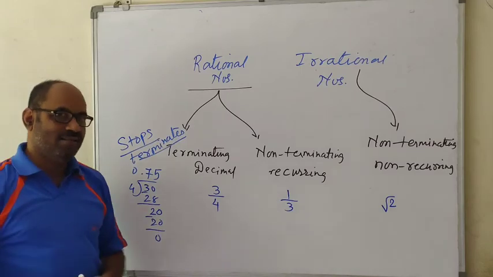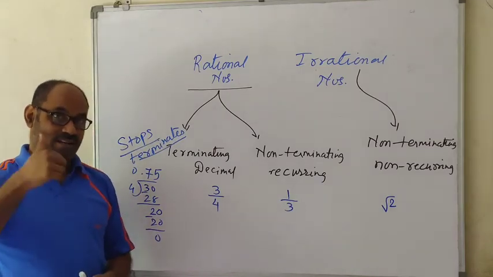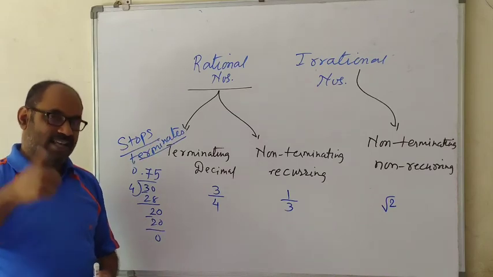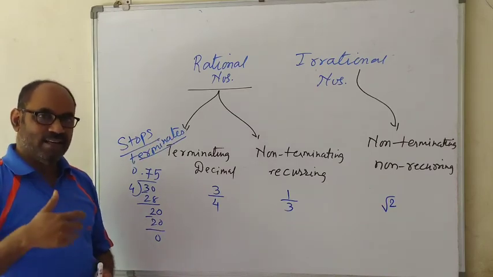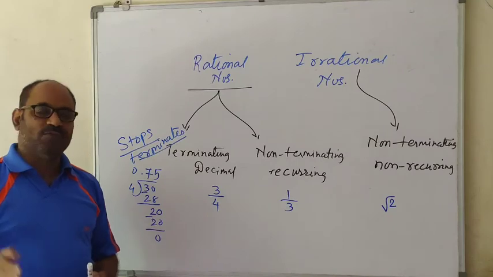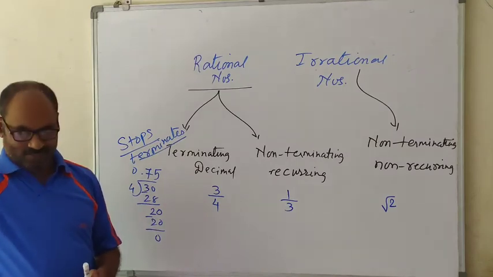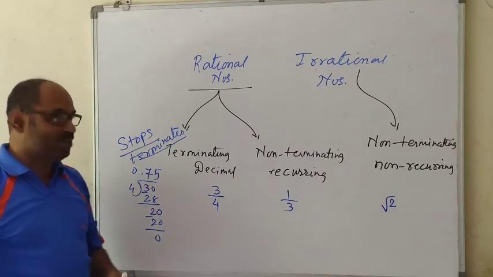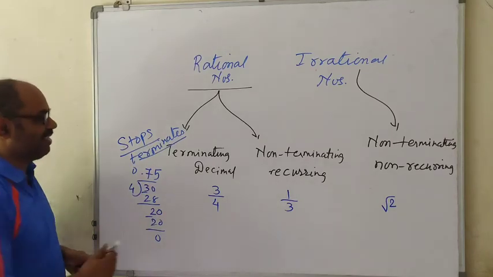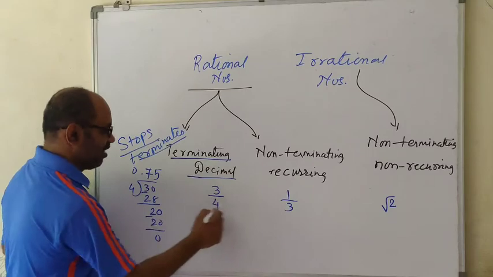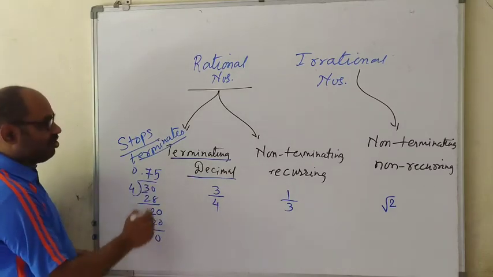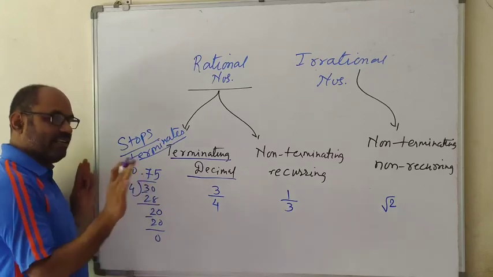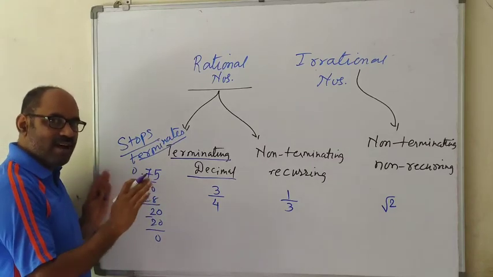You must have heard of terminal, railway station terminal, Bandra terminus, CST terminus. From there, the train doesn't go further. The train stops. That is the last station. So terminates means stops. So this is terminating decimal. Division stops. So further division doesn't continue. So after 2 digits, the answer is done.